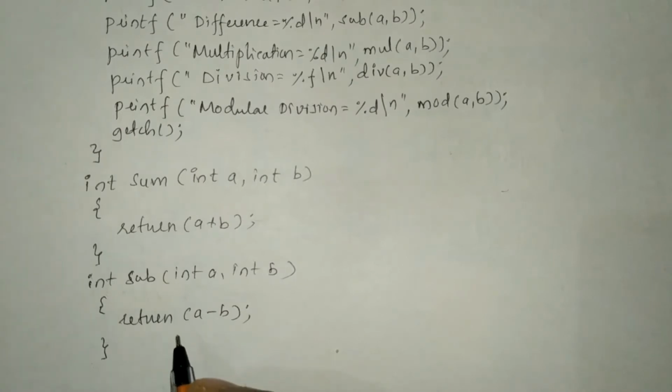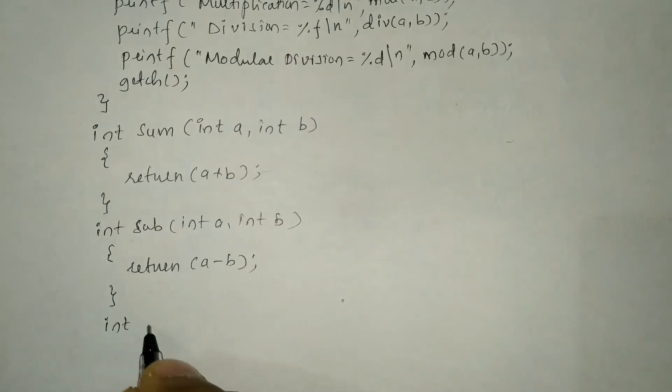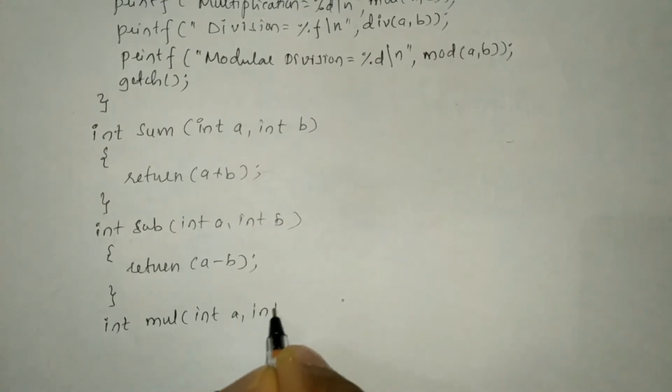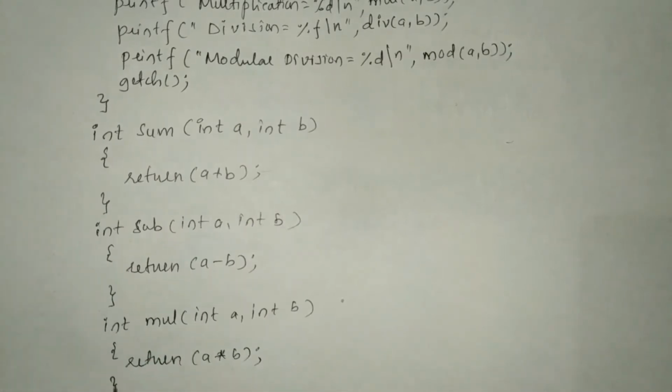Similarly, even for multiplication, division and modular division, I'm going to write here. For multiplication I'm going to write int and the name of the function was mul, and here I'm going to write int a comma int b, curly open brace, return a into b, put semicolon, curly closing brace.